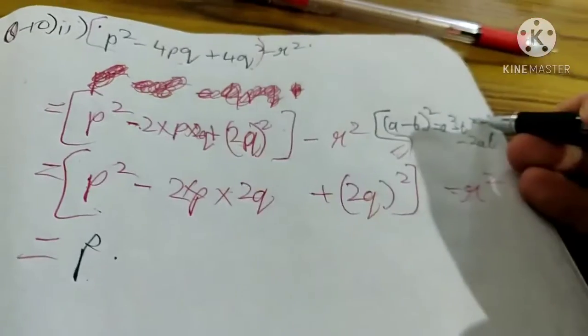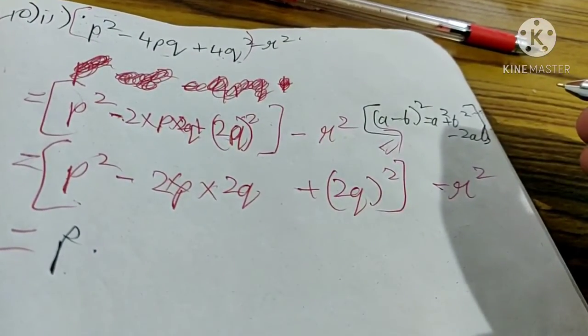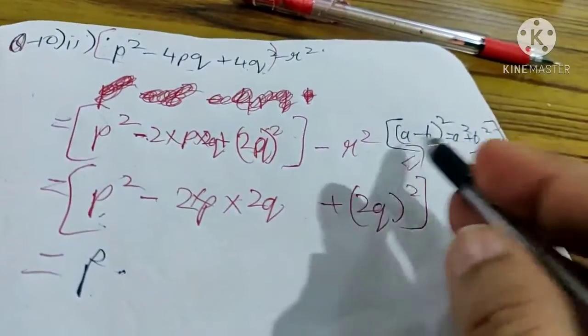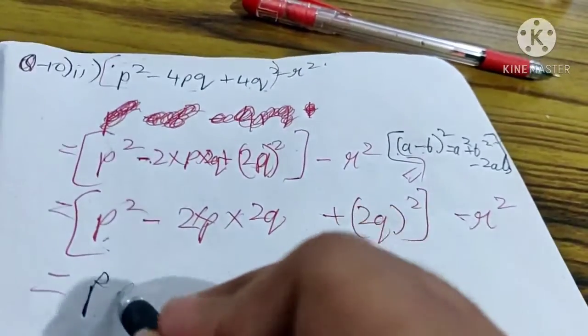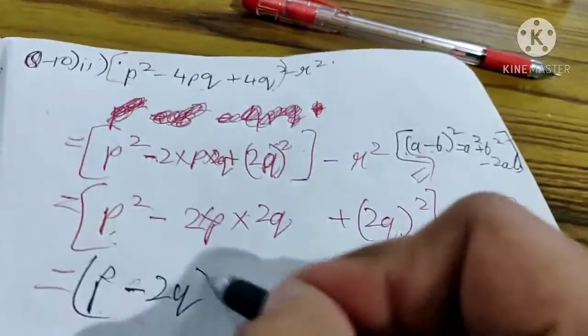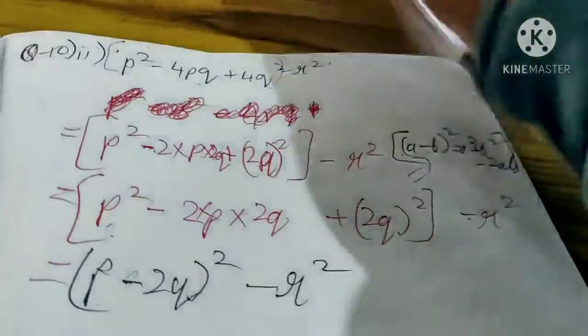So it is this identity. Okay. So first term a minus b to the power 2, here a is p, minus b here is 2q whole to the power 2, minus r to the power 2.